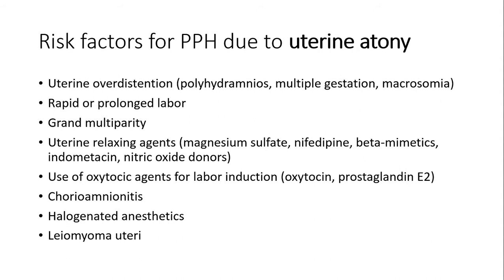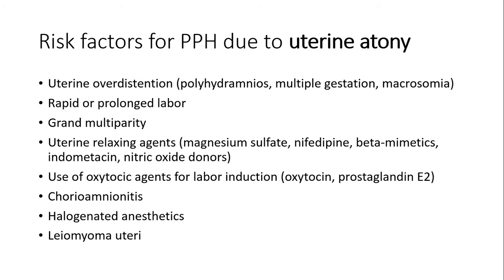Grand multiparity, so rapid or prolonged labor. Next, uterine relaxing agents, which are used widely because of the risk of premature labor: magnesium sulfate, nifedipine, beta-mimetics, indomethacin, nitric oxide donors.